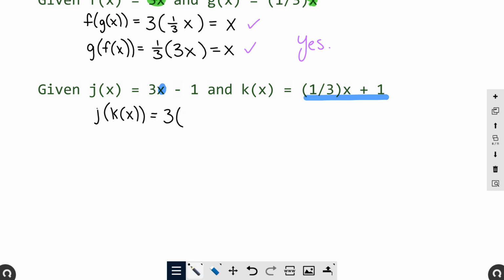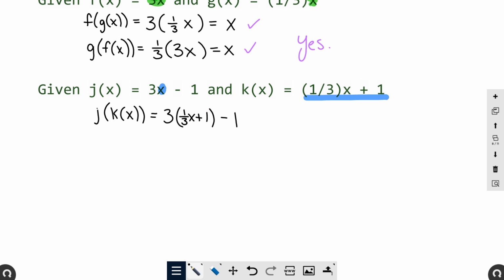So j says 3x minus 1. If you want to write it with just parentheses, that's our outside function, 3 parentheses minus 1. And inside those parentheses, we're plugging in the other function. So what's the other function? 1/3 x plus 1.